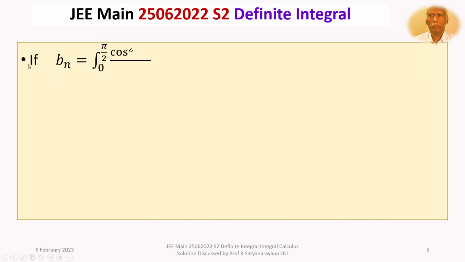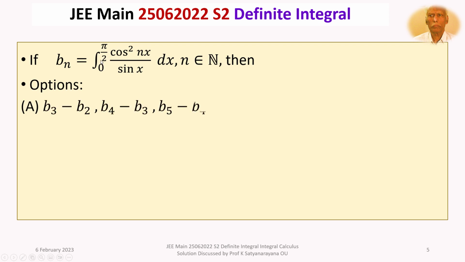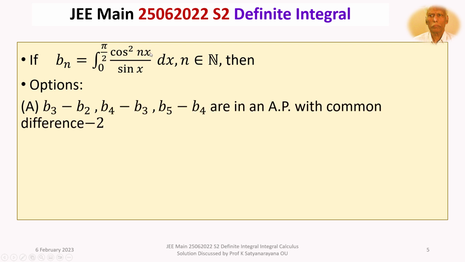The given question is, if Bn is equal to the integral from 0 to pi by 2 of cos square nx by sin x dx, where n belongs to the set of natural numbers, then we are given four options.